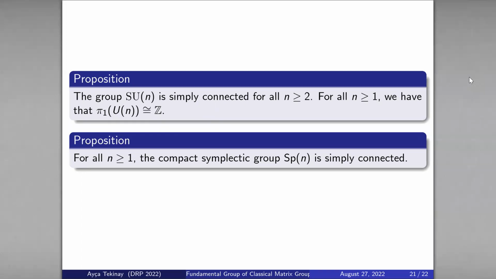It should be simply connected, as we said before at the beginning of the presentation. Also, we said that with the equivalences and homeomorphisms. And the last one is the same, but Sp(n) gives the trivial fundamental group for all n equal or greater than 1.